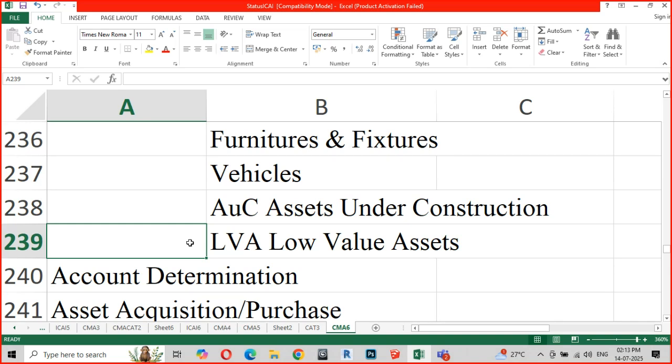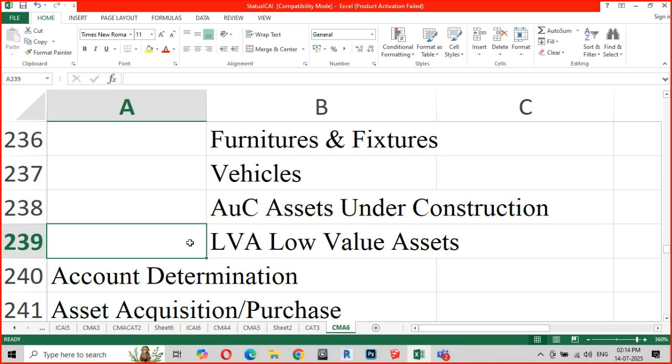Currently, I am working on a project of one apartment, and in that apartment I need to have 100 blocks, 100 flats, whatever they could be, 2 BHK, 3 BHK, 4 BHK. I'm not worried about that. I'm just telling you the concept of AUC.